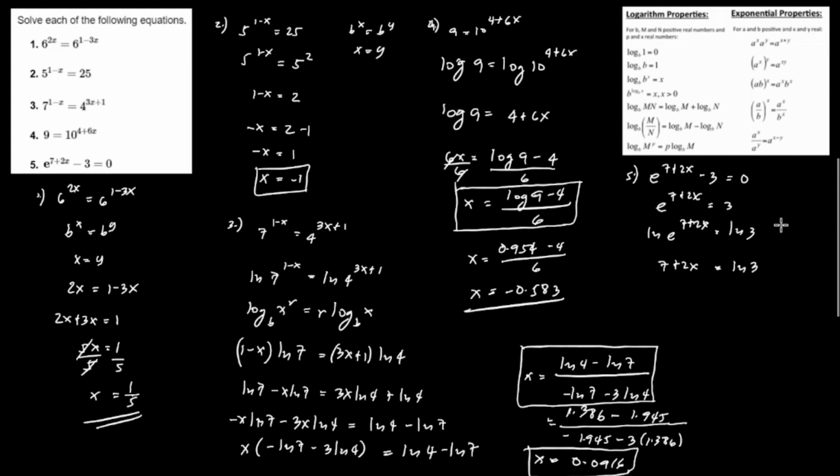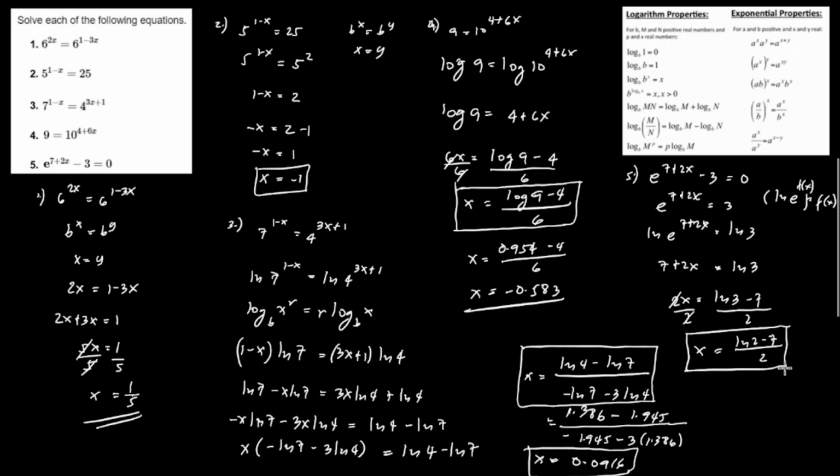In terms of ln, ln of e with exponent f of x is equal to f of x. So 2x is equal to ln of 3, transpose 7 to the other side, or negative 7, and divide by 2 and cancel out 2, and x is equal to ln of 3 minus 7 and divide by 2, and this is the value in terms of ln.